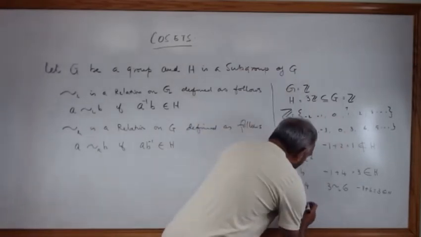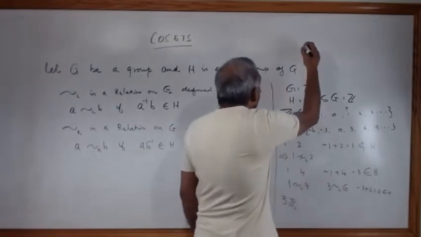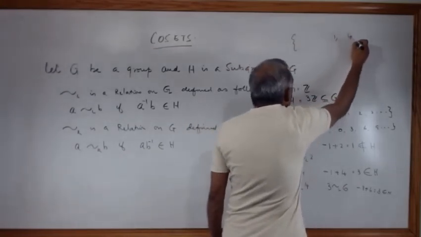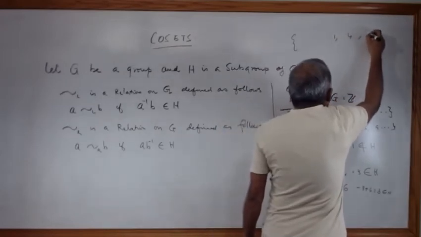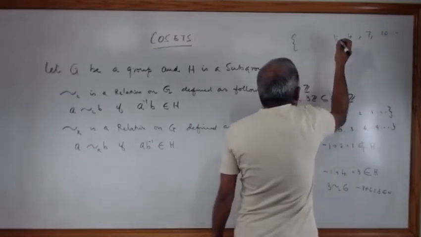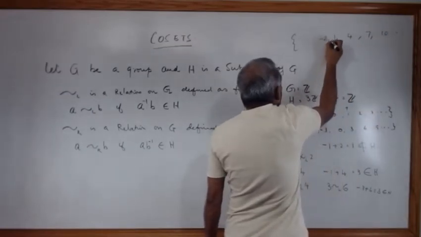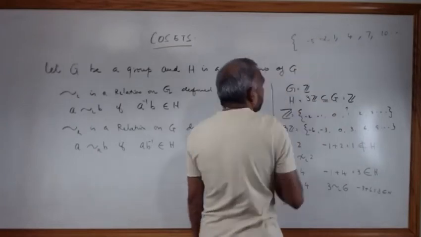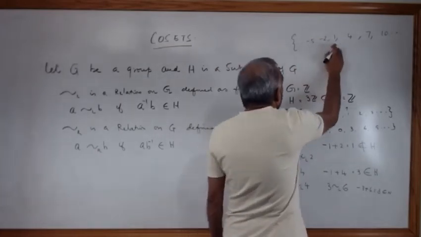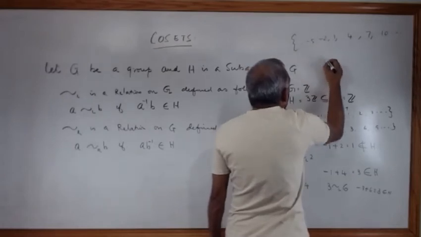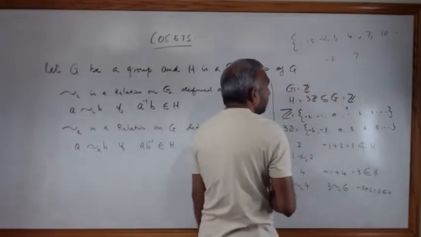That is going to be 1, 4, 7, 10, etc. Here it is minus 2, minus 5, etc. Because if you take any two elements from here, like let's say you want to verify minus 2 and 7 are related.